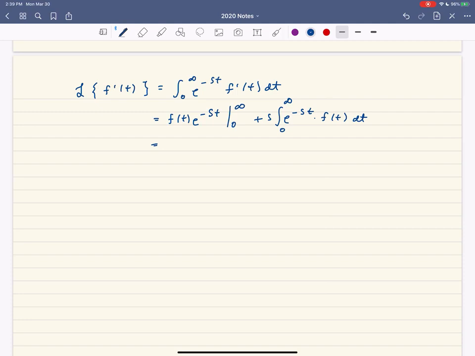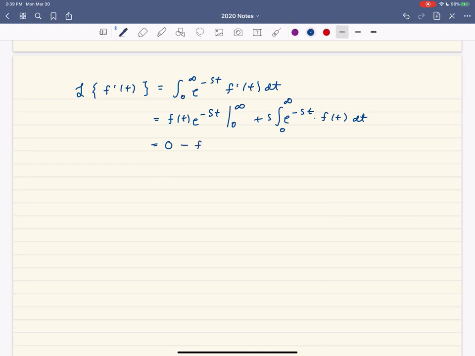And this first function, f of t e to the negative st, we're going to assume that as t goes to infinity, this is going to be 0. So we're going to assume that f is exponentially bounded, but we need f to be exponentially bounded anyways in order for this last part to make sense. So this is when t goes to infinity. We're going to subtract what we get when t is 0.